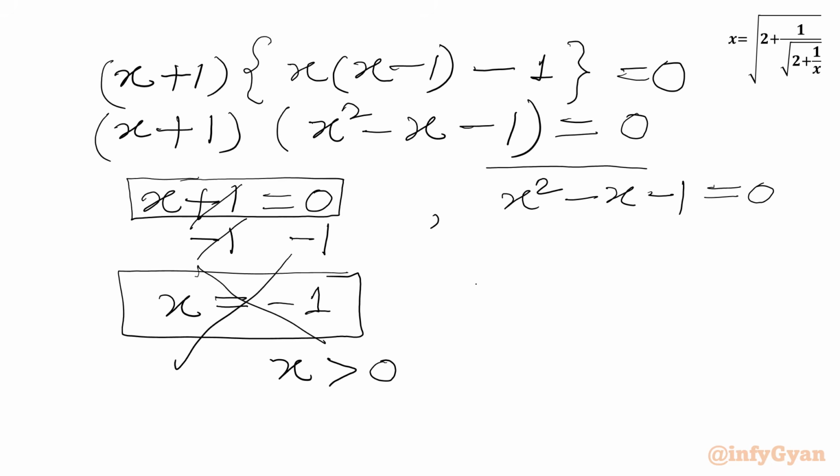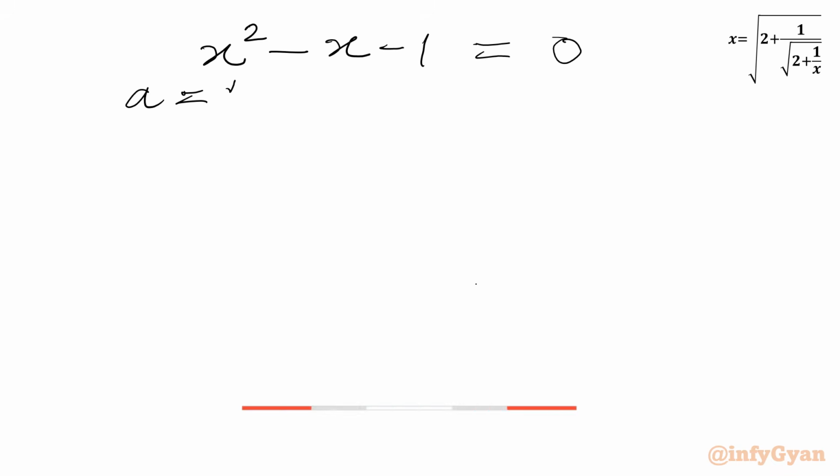Now we have one quadratic equation only, which we will solve using quadratic formula method. So if I write the equation over here, x square minus x minus 1 equal to 0. A is coefficient of x square, 1, B is coefficient of x, negative 1, and C is constant, negative 1.